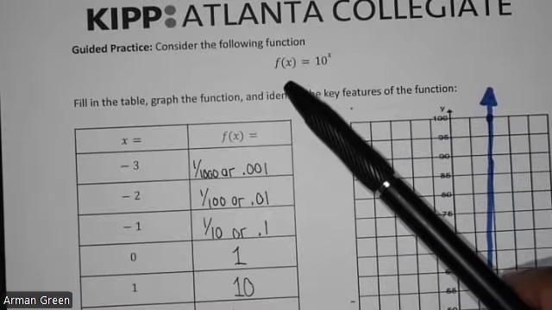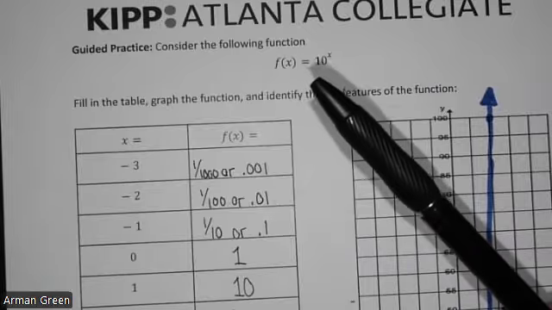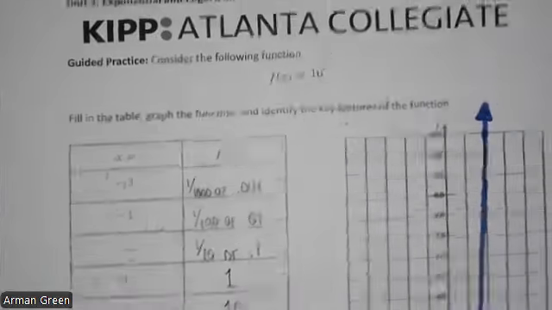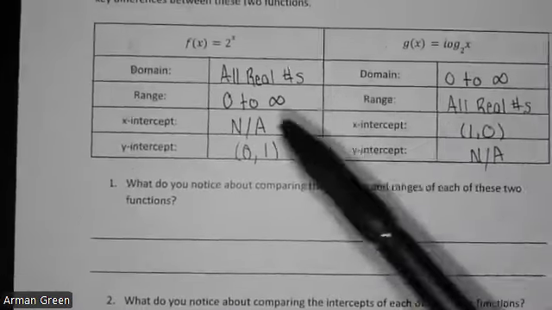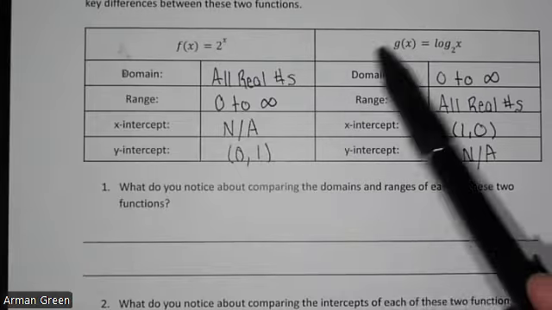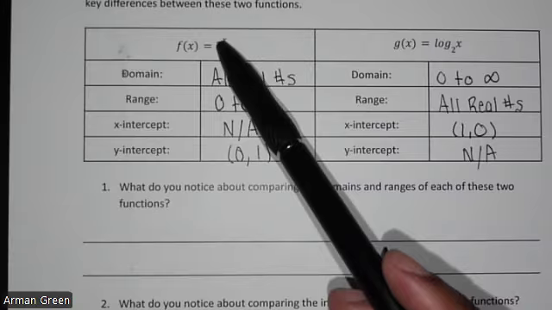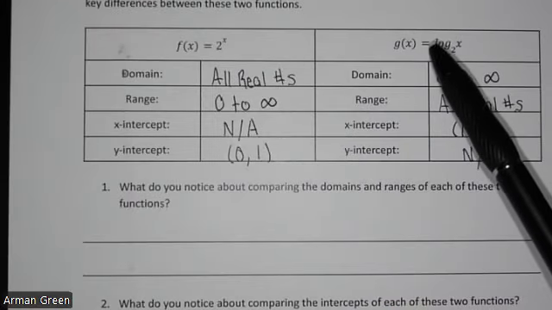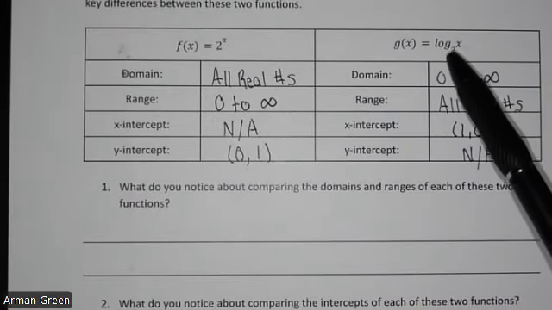If we go back to the previous page just for a moment, to page 25, note here that these two functions are inverses of each other. So we said that when we had 2 to the power of x, the inverse function is log of x with a base of 2.